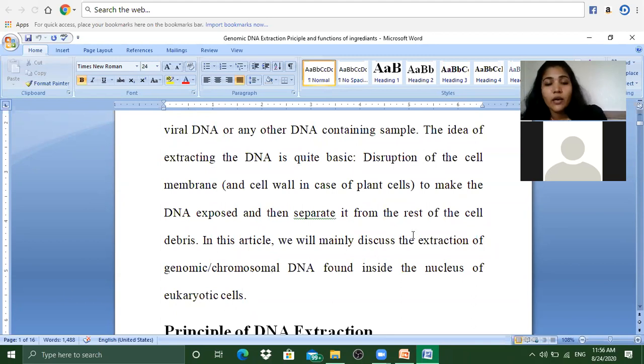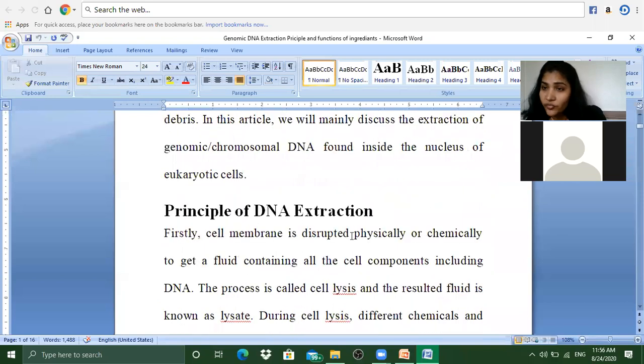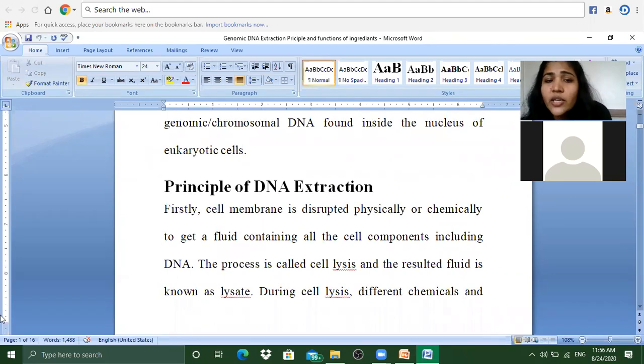Okay. Then the principle of DNA extraction, very important. So firstly, the cell membrane is disrupted physically or chemically to get a fluid containing all the cell components including the DNA. So first you will break the cell wall, which will give you a mixture of everything: cell debris, DNA, RNA, proteins, etc. So the process is called cell lysis, and the resulting fluid is known as lysate.